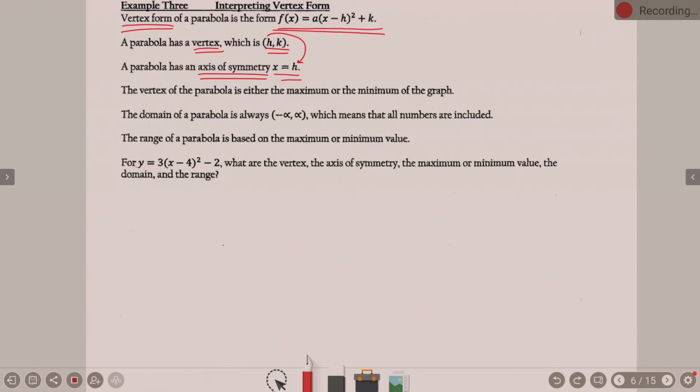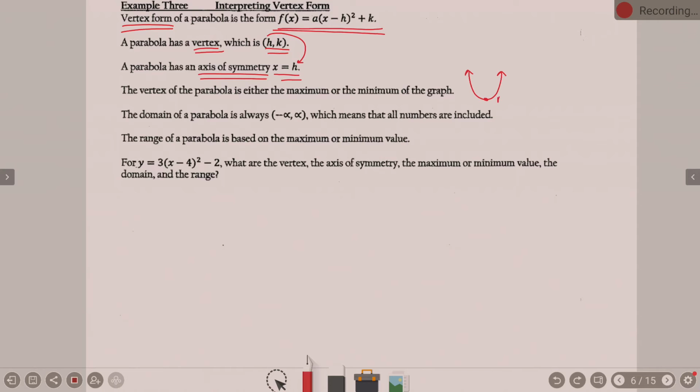Okay, we're going to talk about how the vertex of the parabola is either the maximum or the minimum of the graph. So if we have a normal right side up parabola, where is the vertex? It's at the bottom. Is the bottom of something the minimum or the maximum? It's a minimum.